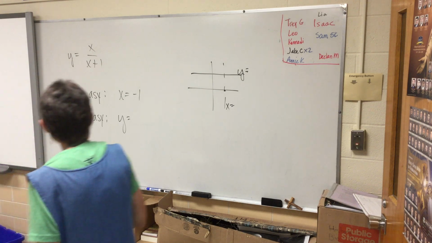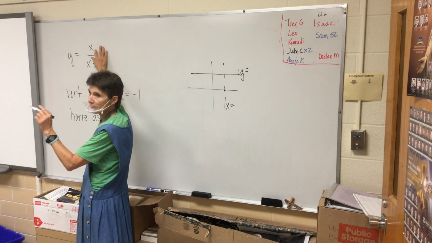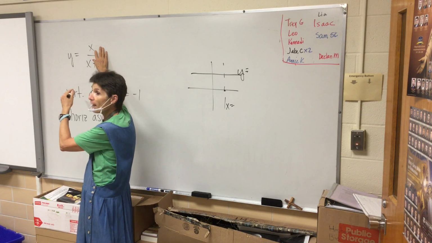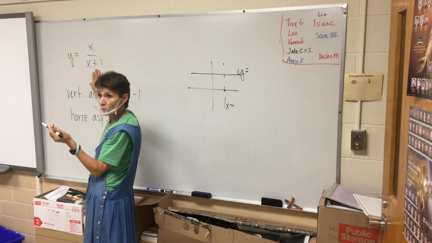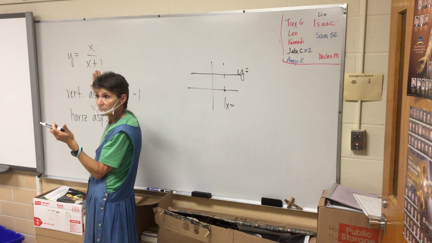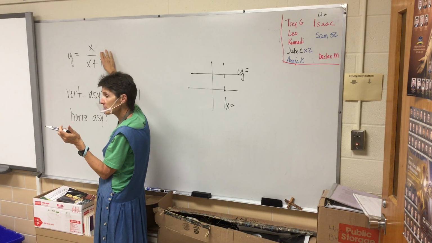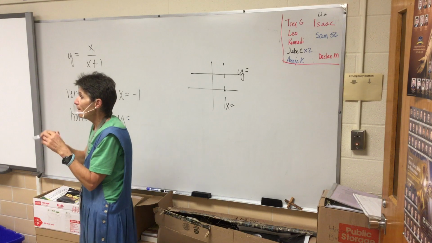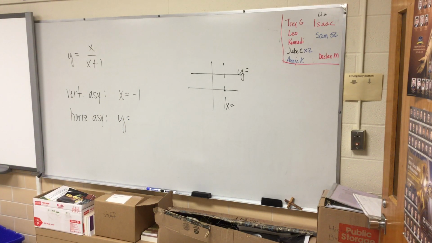In this fraction, if x got really, really big, the top would get really, really big, right? The bottom would also be getting big, right? Would you agree? Now, are they ever going to match? No, because the bottom's always going to be one bigger. But as you go farther and farther out, don't they get closer and closer together?